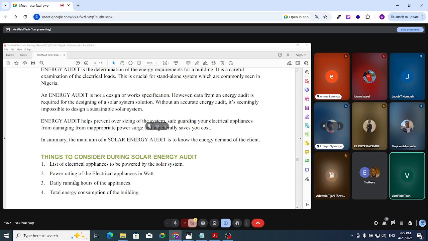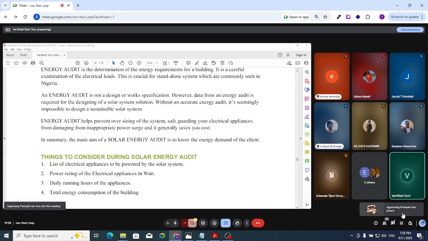So we like to talk about these things to consider during solar energy audit. Why? Because these are the major parameters that would help you be a better system designer before installation. One thing you need to put into consideration is the list of electrical appliances.